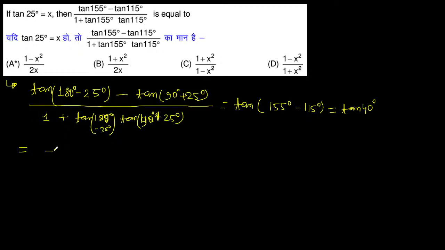So this is minus tan 25. This is in second quadrant, so tan will come out with negative with the change, and tan will convert into cot 25 degree. This is 1 minus tan 25 degree, tan 90 plus theta will convert into cot with minus sign.